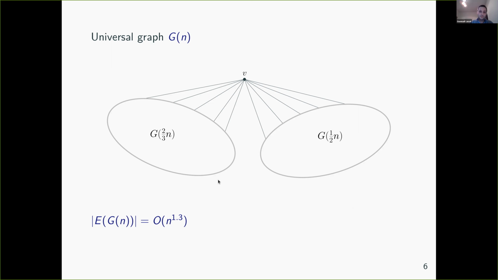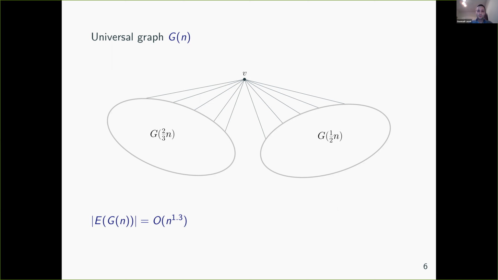And if you do the calculation, which I'm not going to do here, you get a number of edges which is about n^{1.4}. So this is already better than just taking a complete graph, which has quadratically many edges, right? So this is a definitive improvement on the complete graph, but this is not the best you can do.